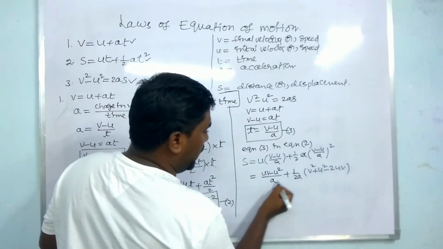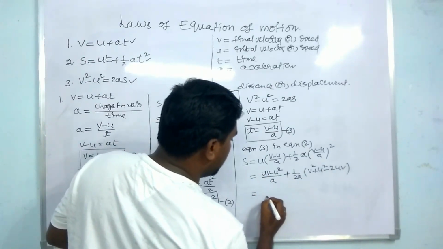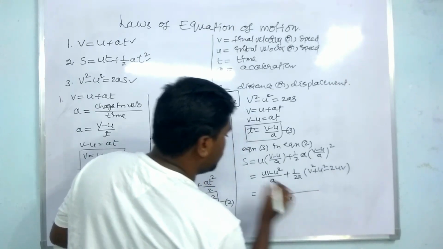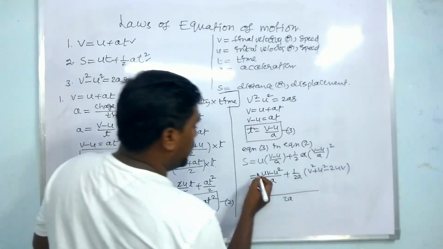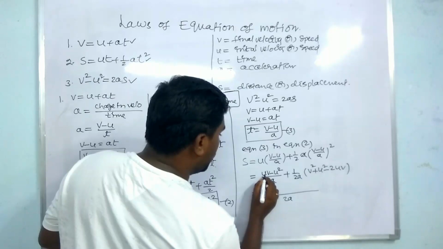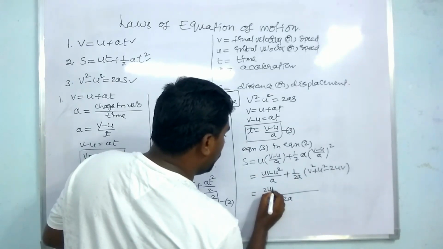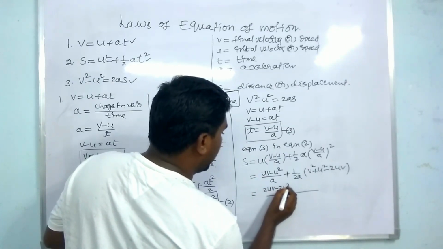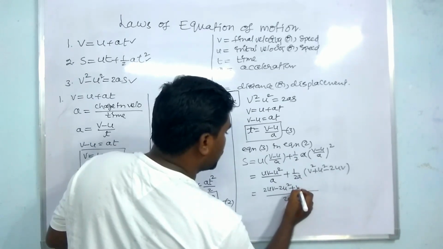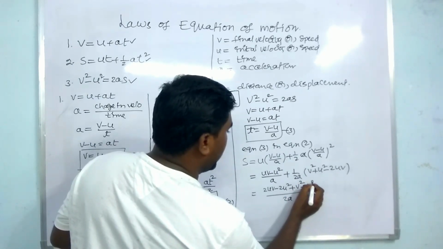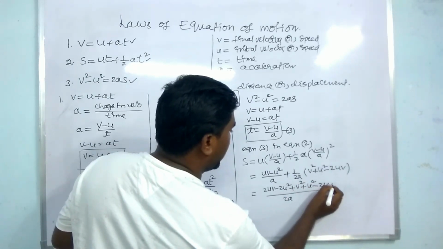There is a and 2a, the LCM is 2a. Here 2 will be multiplied by 2uv, so 2uv minus 2u square plus v square plus u square minus 2uv.